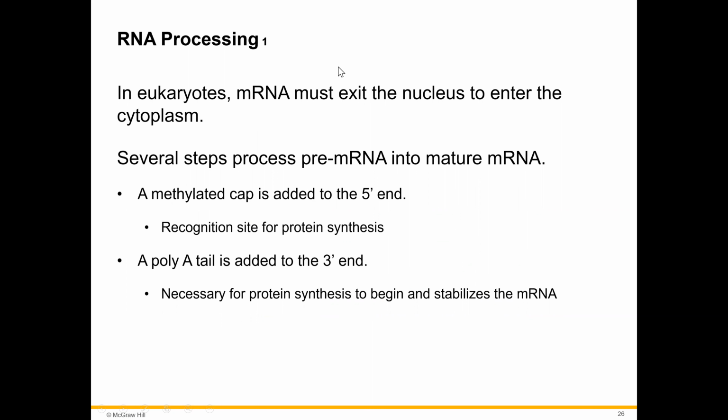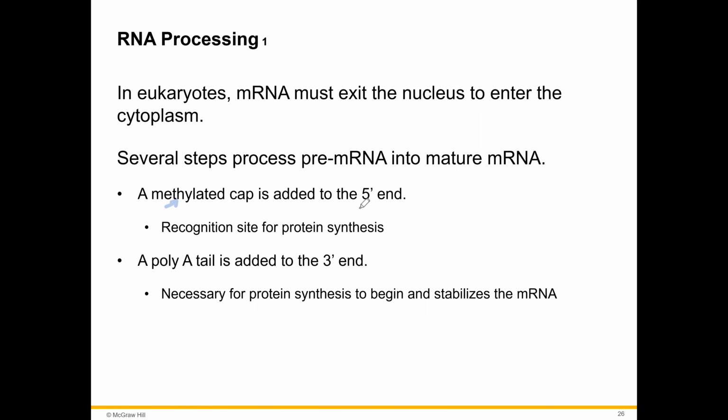So what we just did was actually pre-messenger RNA. We need to transform it into mature mRNA. So we're going to add a cap, called a 5' cap, a methylated cap.